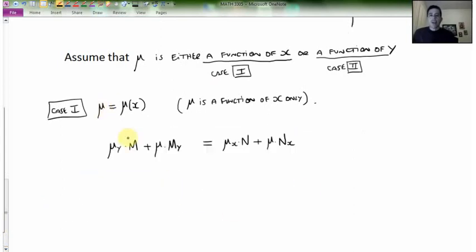If mu is a function of x, then look at this guy here, partial mu, partial y, right? Derivative of mu with respect to y, that is 0. That becomes 0. And then we get m plus mu times my, and then partial mu, partial x. This is not 0 because it's a function of x, so this might be some expression in terms of x.